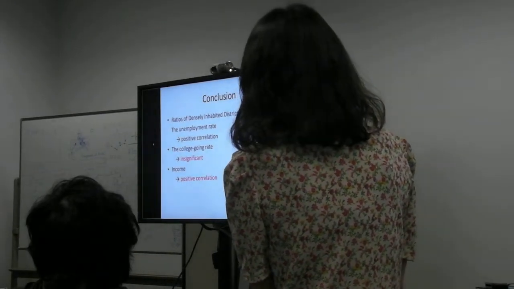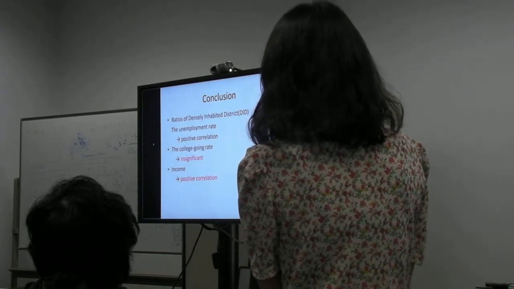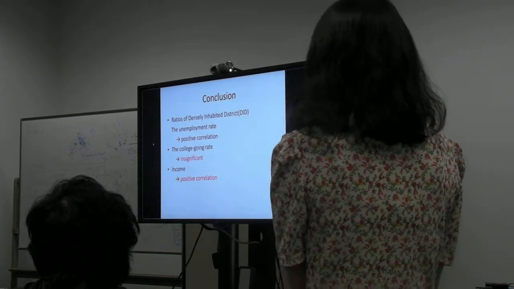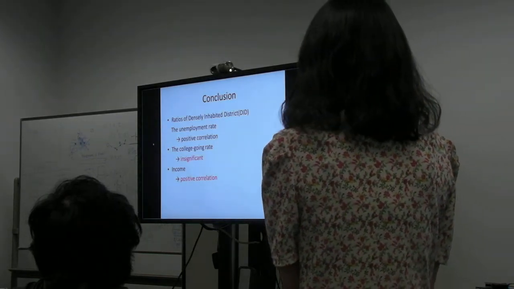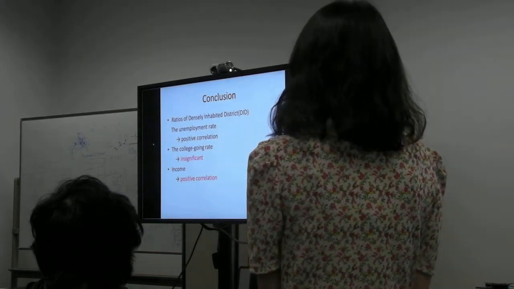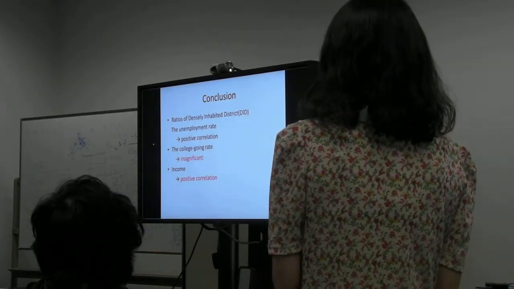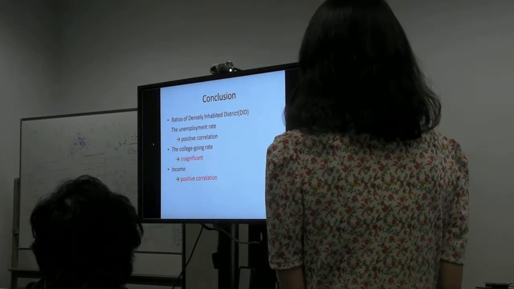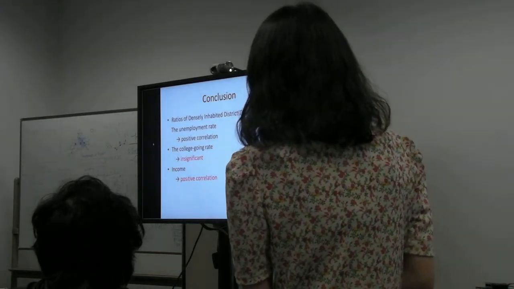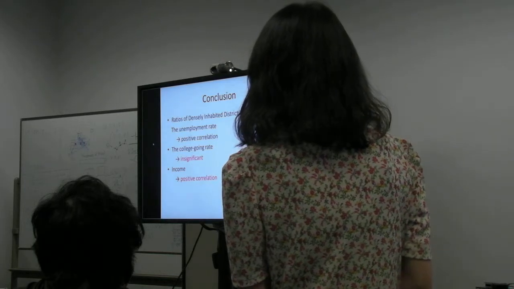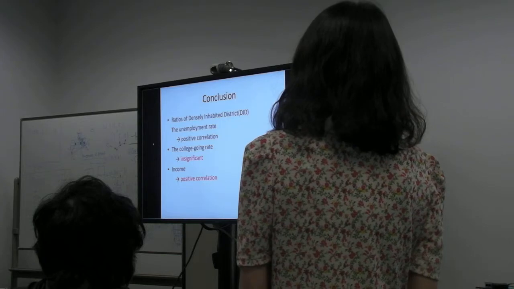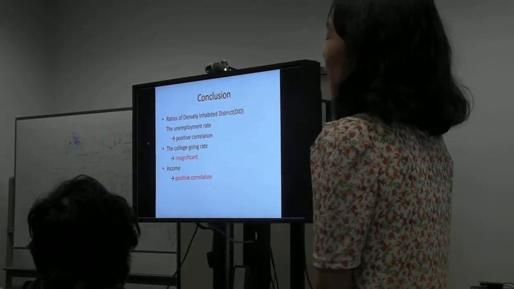The college-going rate was insignificant with the crime rate, and we expected that income has negative correlation with crime rate, but actually it was revealed that income has positive correlation with crime rate. Thank you for your listening.